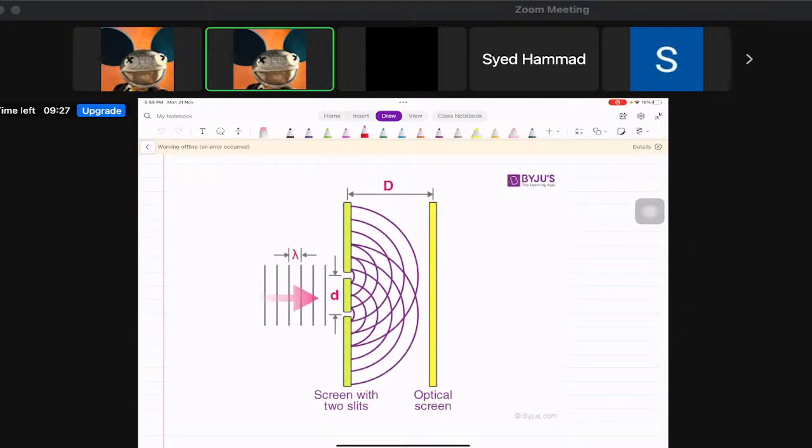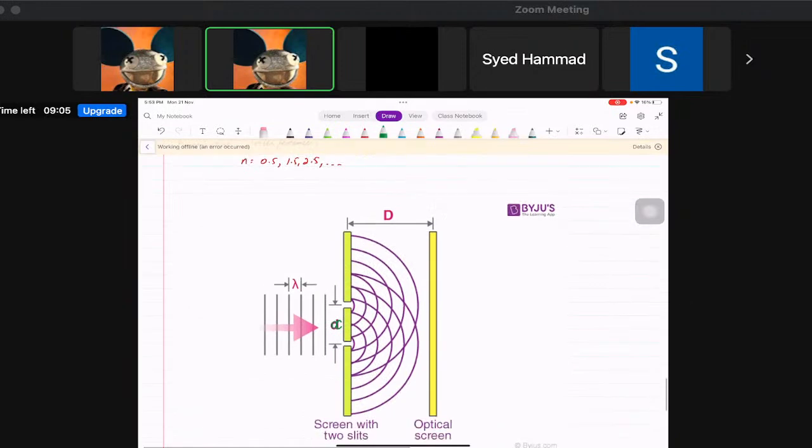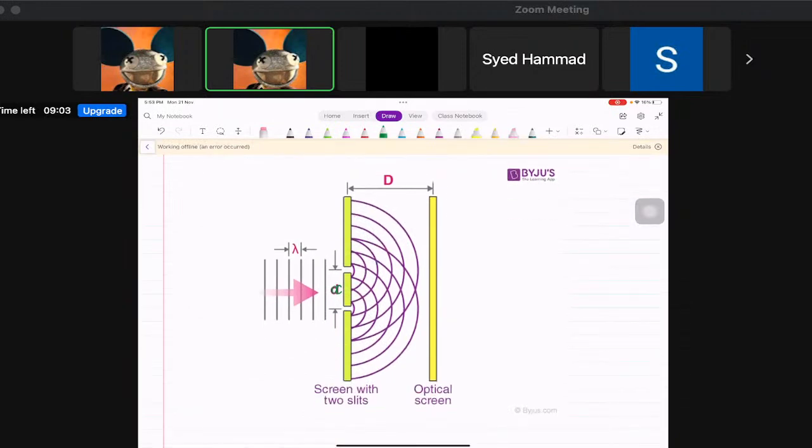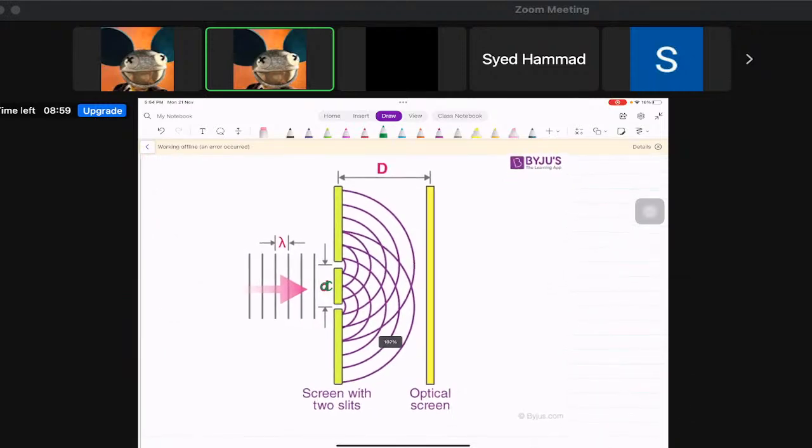What I want you to remember is that these are two slits creating that pattern. First of all, let's try to find out where the maximas will form, alright? So let me show you this.